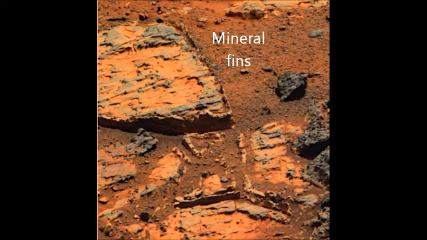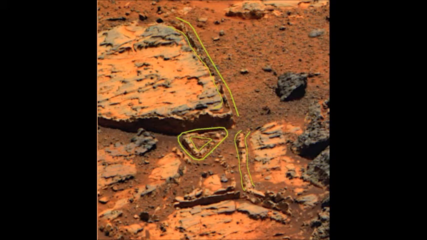You'll notice a wall around that stone on the left, and below it you'll see a little triangle of mineral and these little boundaries of lighter material. These are the fins that are formed between the breaks in the mud, in the polygons. And here's a little markup for those of you who are visually impaired or don't follow directions well. In either case, these are the fins, and sometimes they're much thinner.